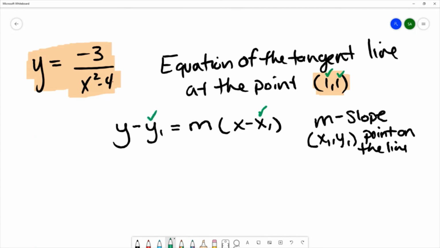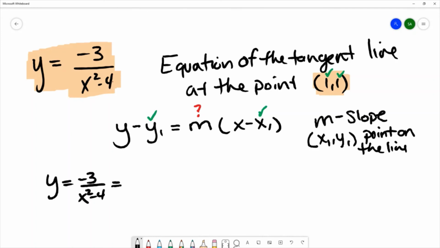So the thing that we're missing here is the slope of the line. So we're going to use calculus to find the slope of the line, because the derivative is the slope of the tangent line for any point on the line. So we want to take our equation, y equals -3 over x squared minus 4, and calculate the derivative.